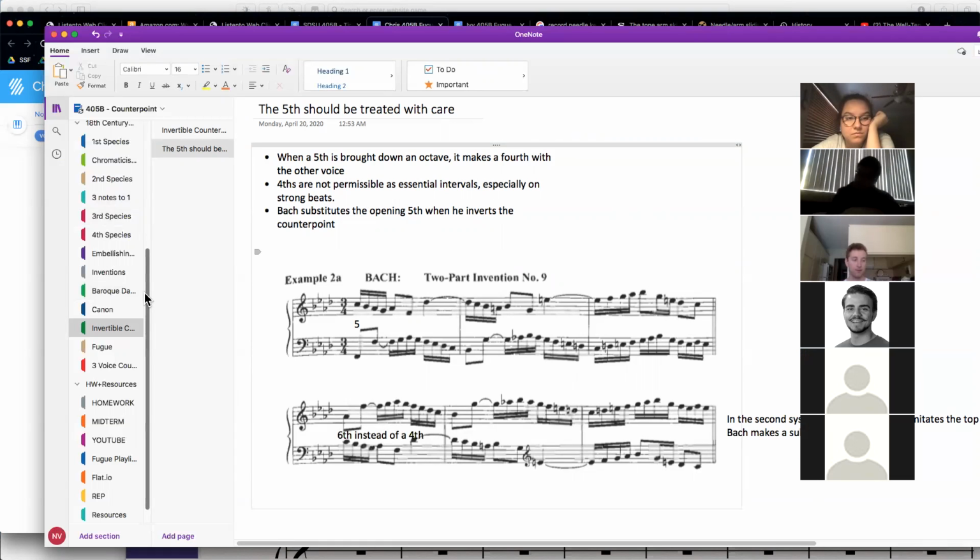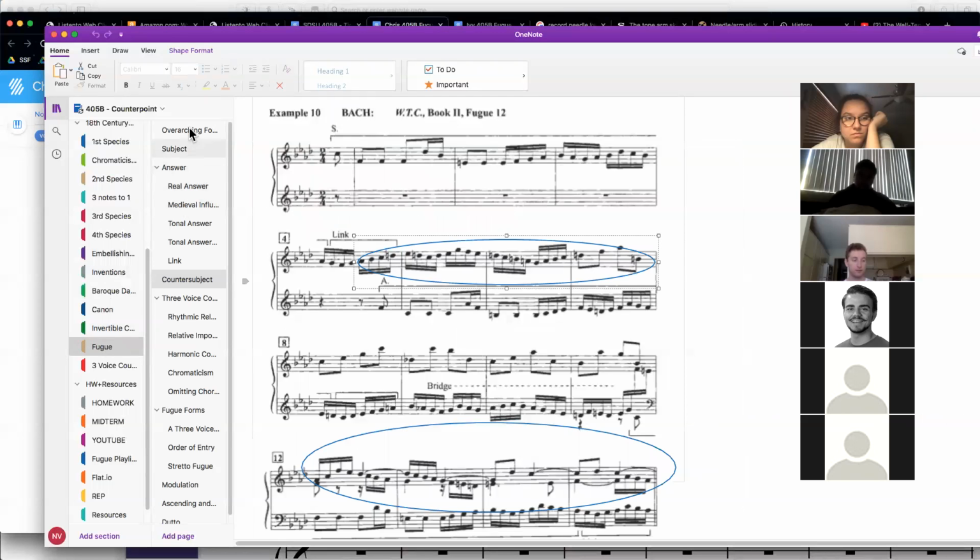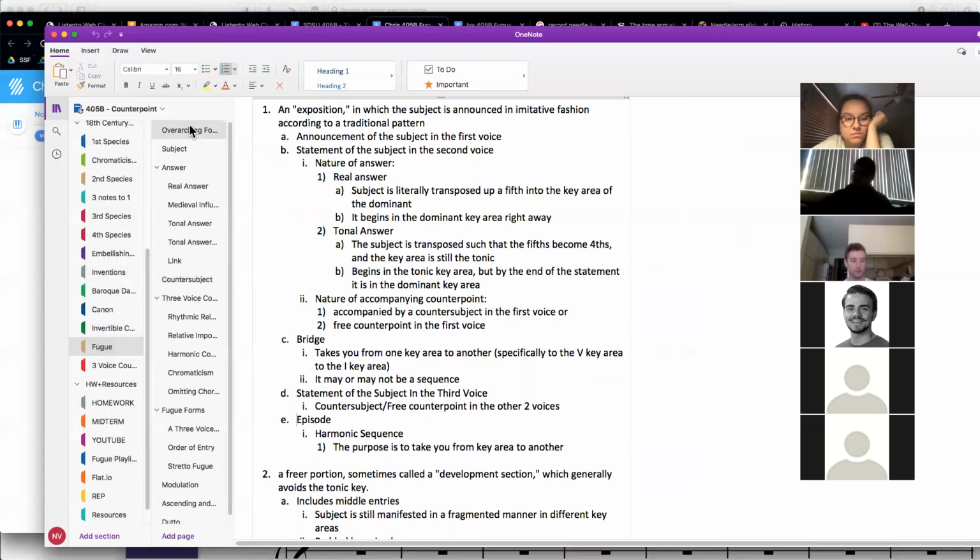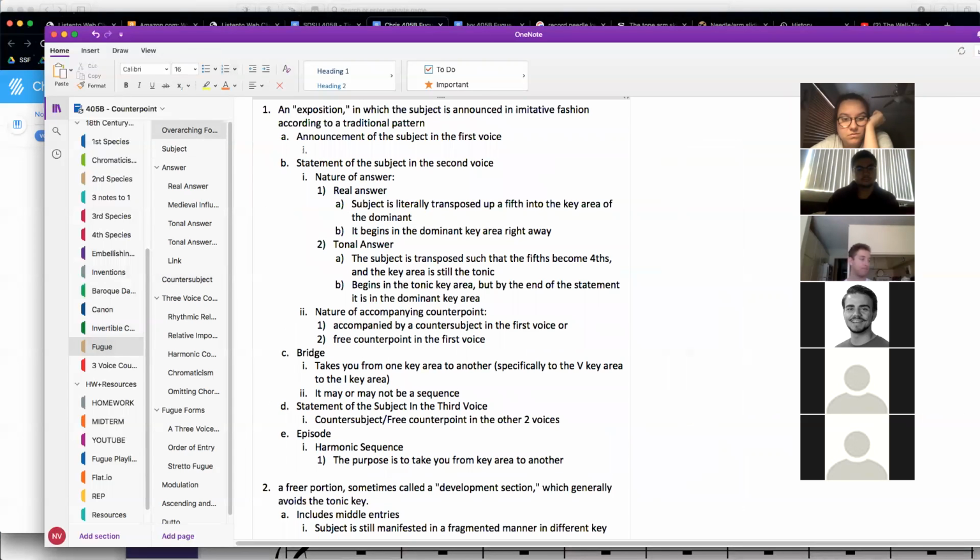If we're going to the overarching concept of a fugue, which you can always refer to right here, we wrote this up last class. This is the exposition. And you have the statement of the subject, announcement of the subject in the first voice, and I should add something: 1 key area, right?